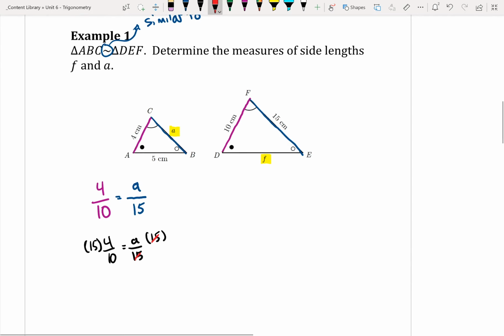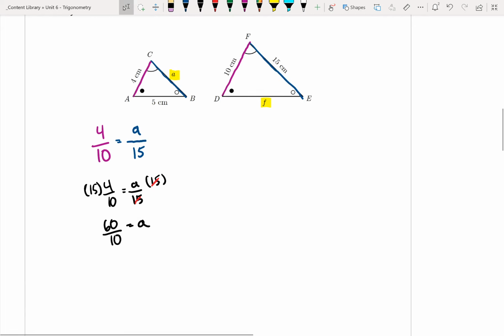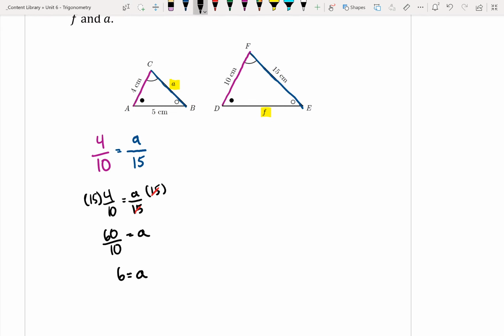It cancels out on one side, and I'm left with 60/10, because 15 times 4, still divided by 10, equals A. 60 divided by 10 is 6, which equals A. So that means this side A has to be 6, because it has the same ratio, or it's in the same proportion, right? It's increased by the same factor.